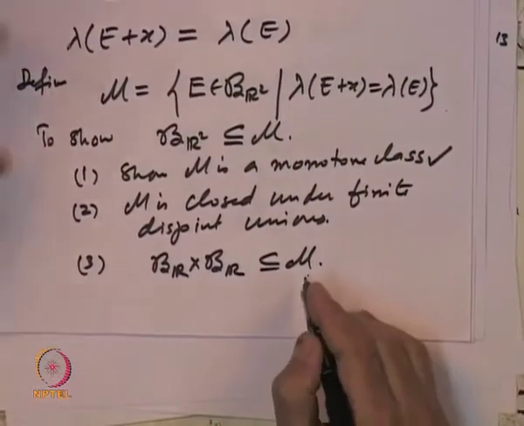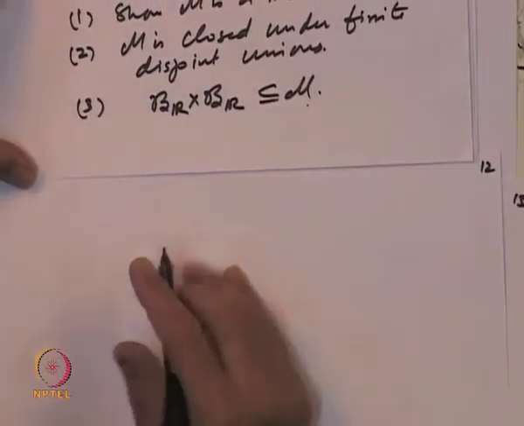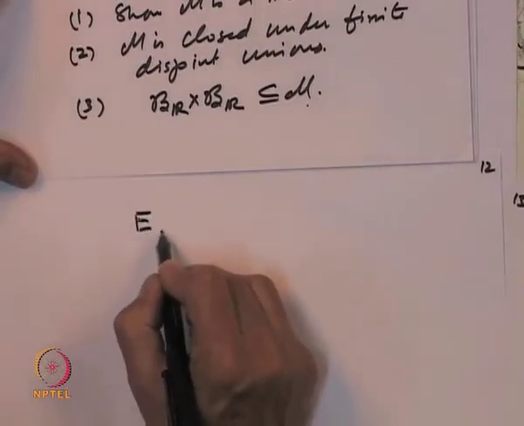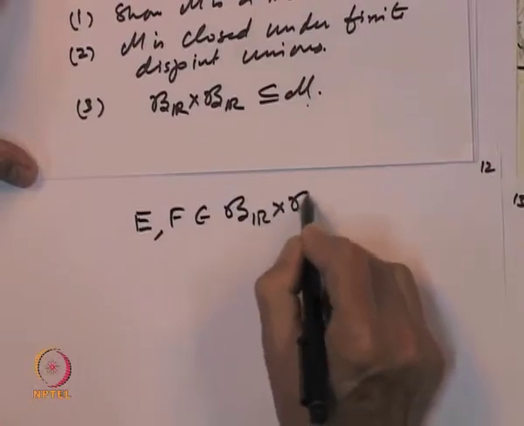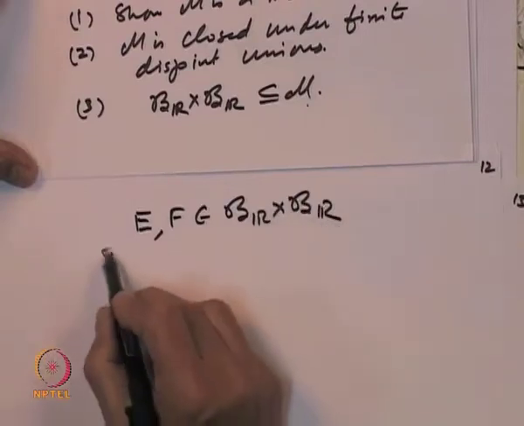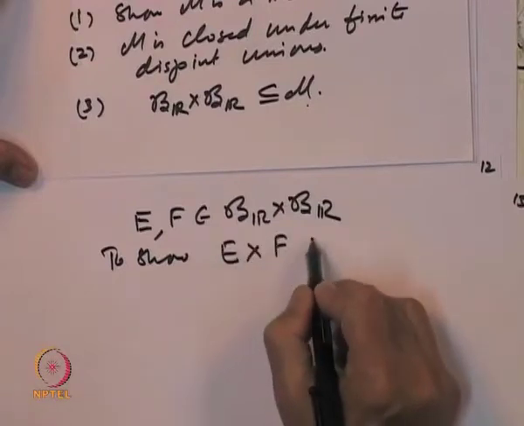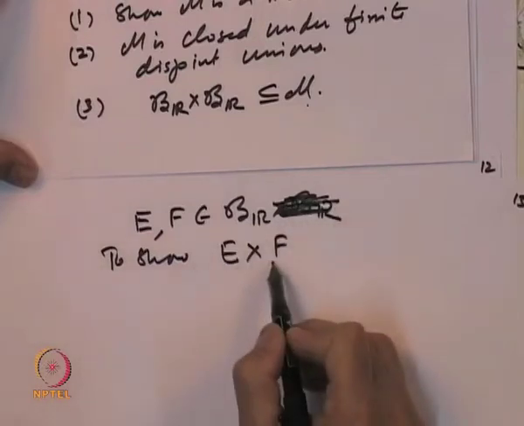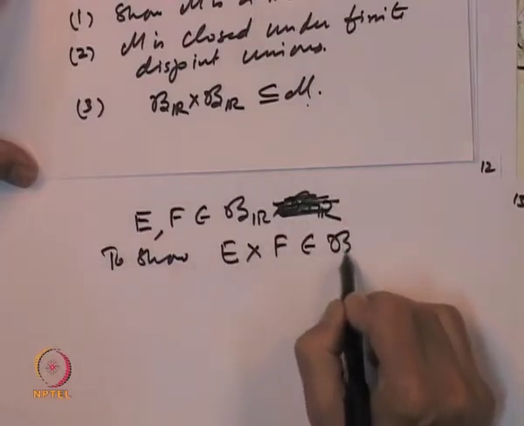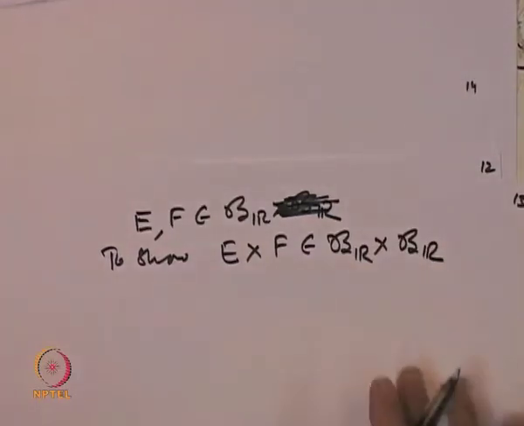To prove the third thing, let us take E, F belonging to B r, E and F both belong to B r. We want to show that the cross product E cross F belongs to B r cross B r. So, that is what we want to show.